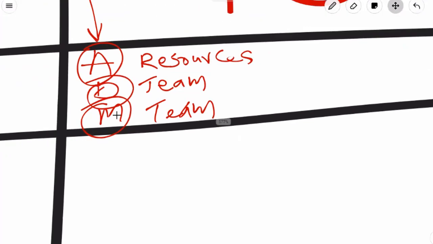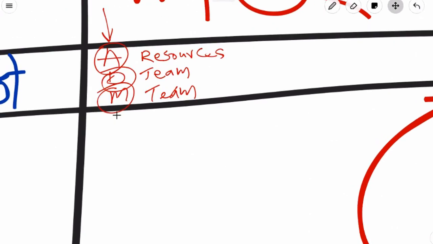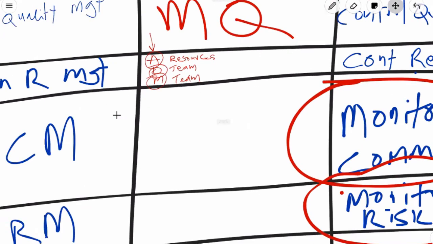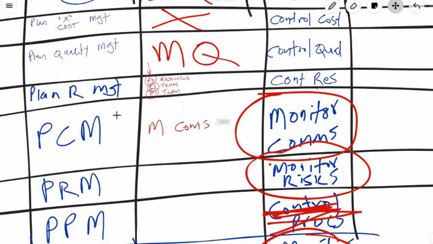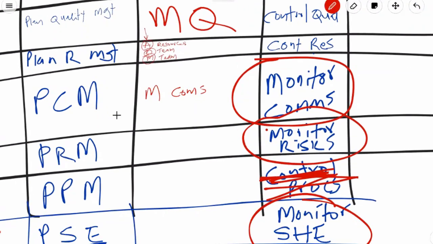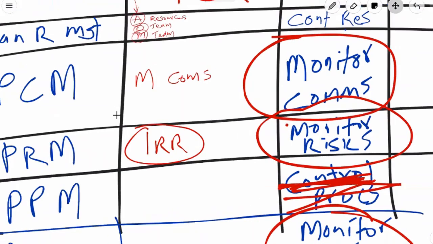Okay, ADM. Then going down to the next one, we have manage again: manage communications. In risk, we have implement risk responses. This is an anomaly, but the good thing is you can remember the internal rate of return.